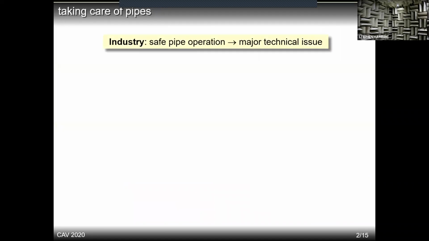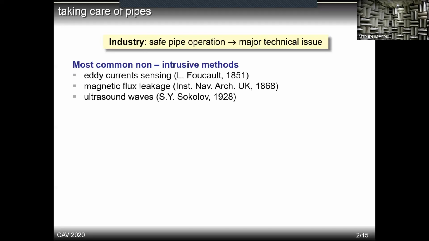Safe operation of pipes is of major concern. Many techniques have been developed for inspection and surveillance. These techniques are mostly of a local nature, looking at particular positions along the pipe, such as the position of a crack.